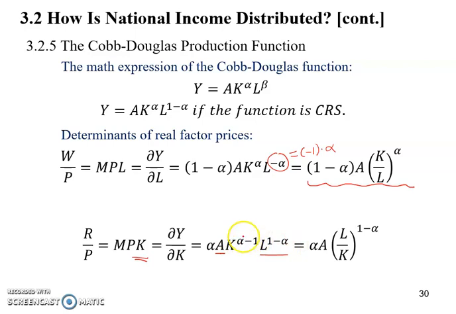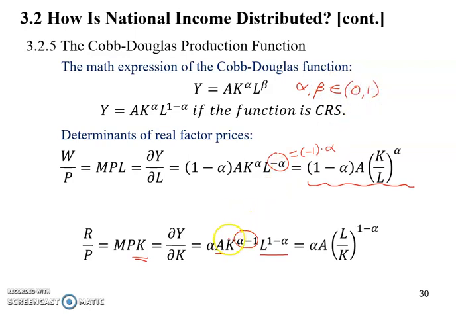Here the trick we're going to do is with this alpha minus 1, because alpha and beta range between 0 and 1.